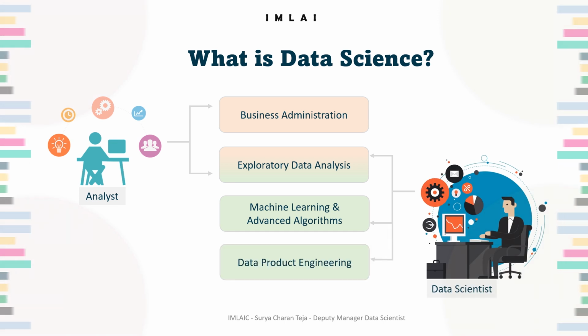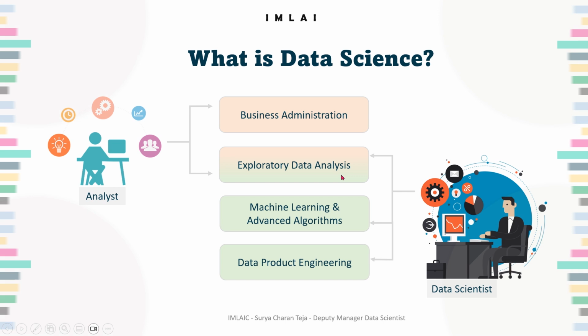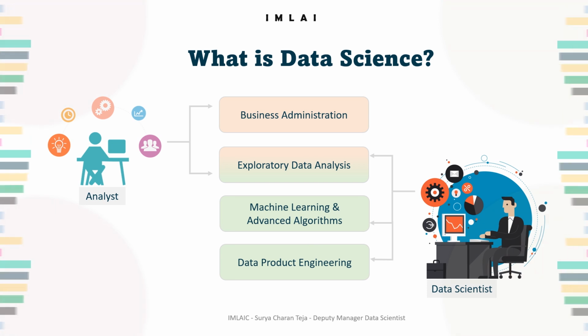data product engineering. A data analyst or statistician will be working on the business administration level of the problem, and then once the problem is done, he will get into the exploratory data analysis. There ends his work. Whereas a data scientist goes from EDA, exploratory data analysis, to machine learning and advanced algorithms, and after that data product engineering.